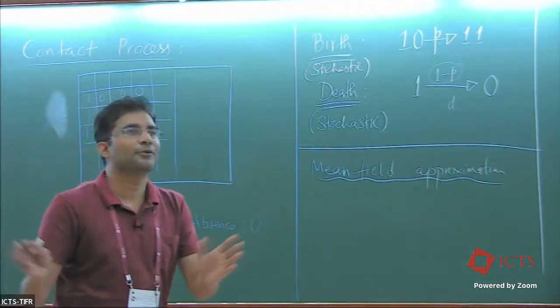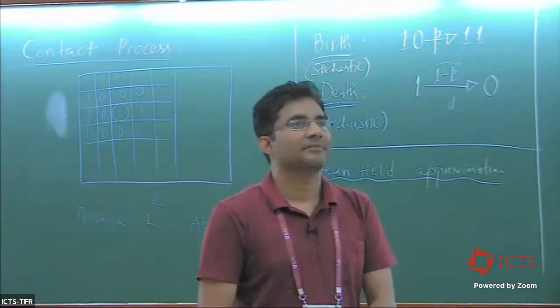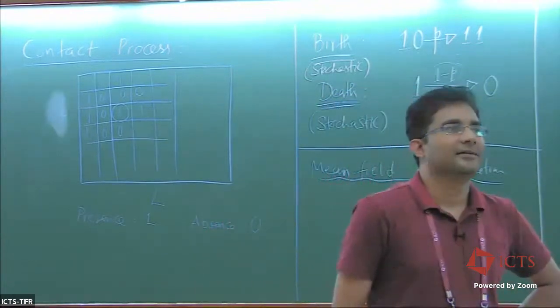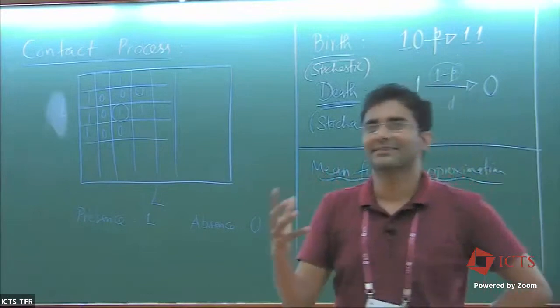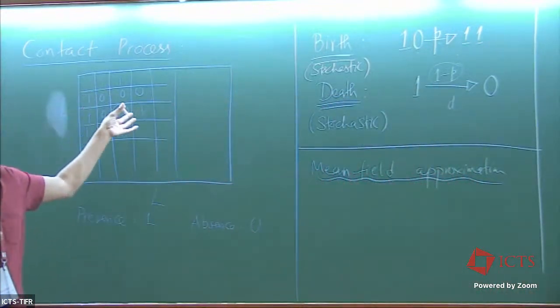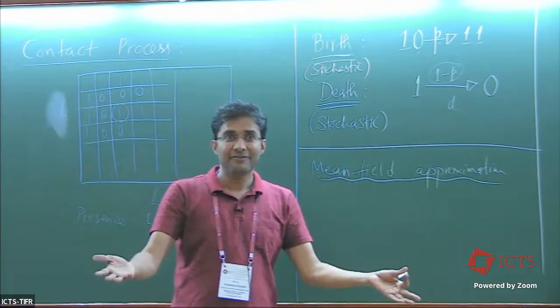So what is the idea of a mean field approximation? Does anyone who knows tell me? The name has a hint. If you look at local scales, there are these very discrete entities. Mean is basically average.